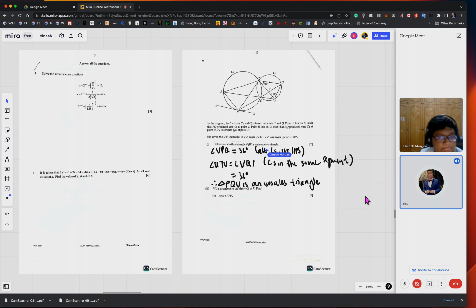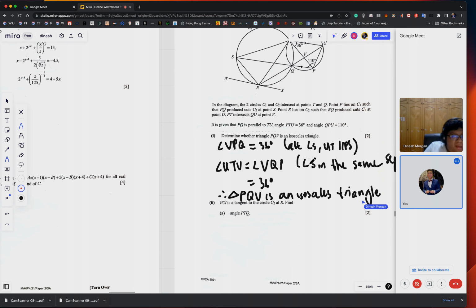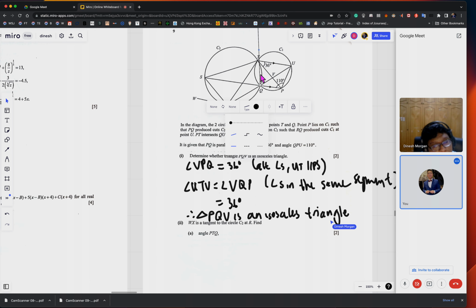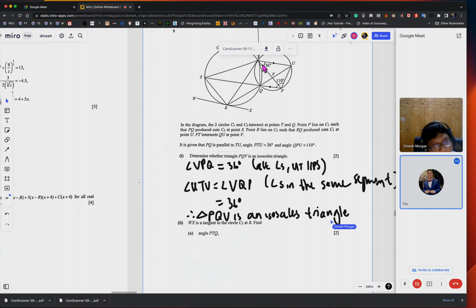So you need to prove what? Tangent to the circle C2 at R, I need PTQ. Let's probably zoom in a little bit. PTQ. So you need to add in a line here.